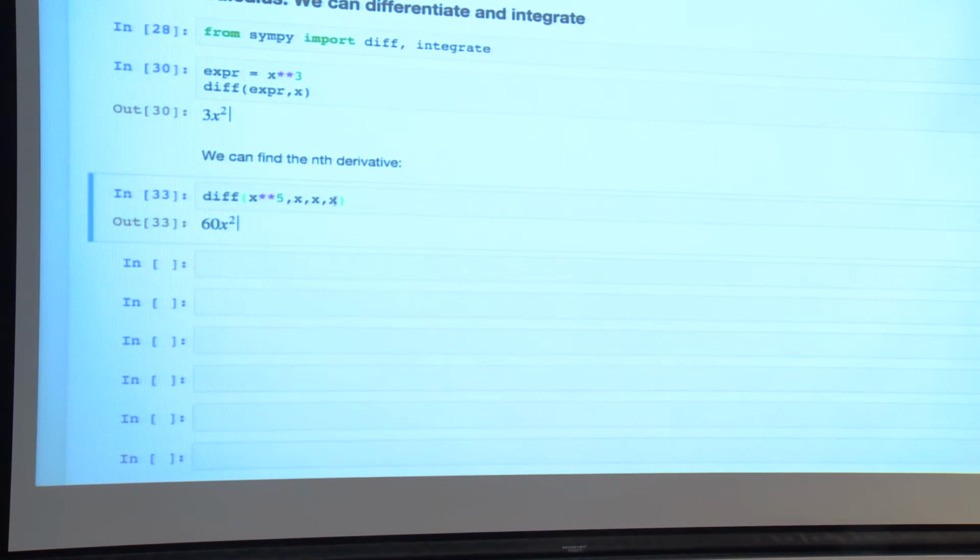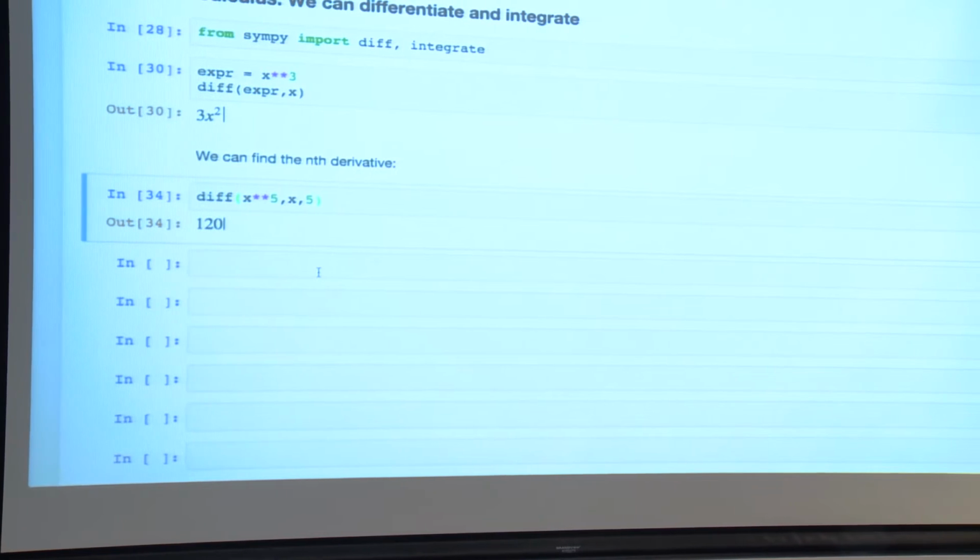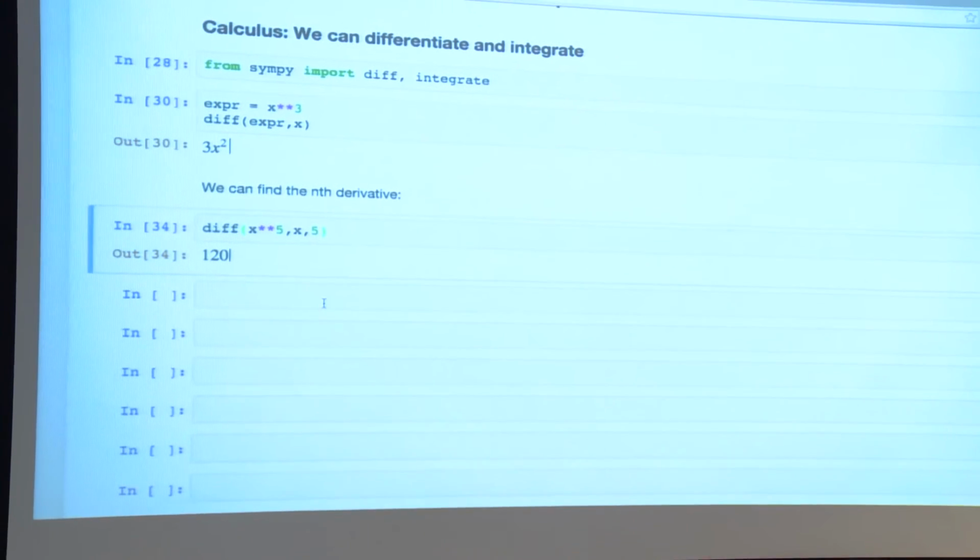Instead of adding a lot of x's, you can also just write x and then comma and then the number of derivatives that you want to find. Like this. Yeah, so that is how you find the derivative.